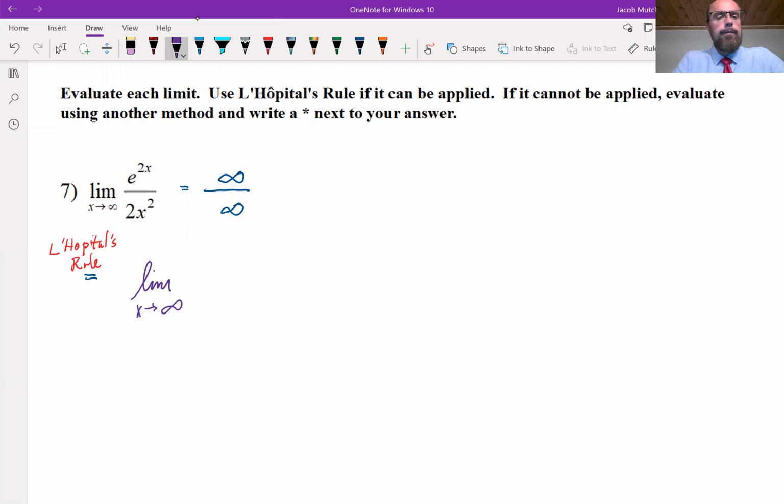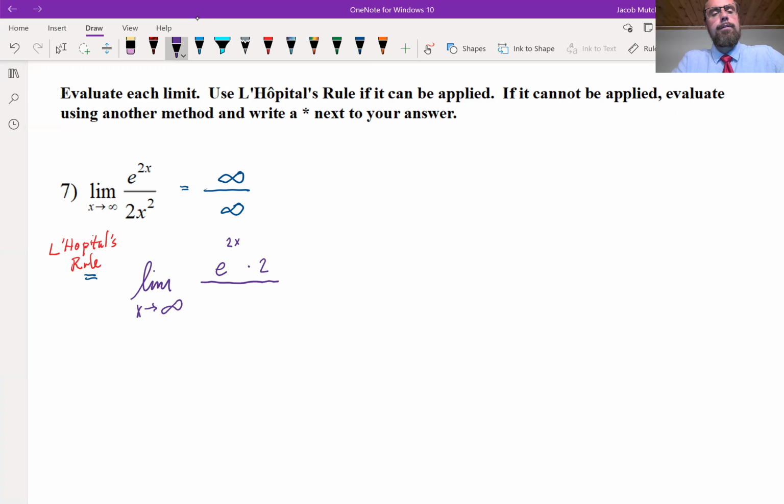And take the derivative again separately of the numerator and the denominator. So the derivative of e to the power of 2x is going to be e to the power of 2x. Then I need to take the derivative using chain rule of the 2x. So that's going to be times 2.